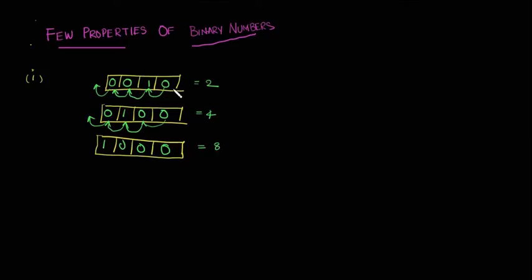What we can observe here is, if we shift any binary number to the left by one position, we are multiplying it by 2.